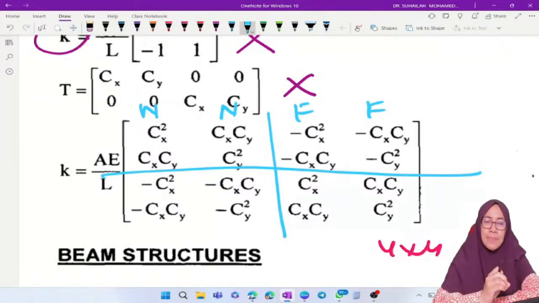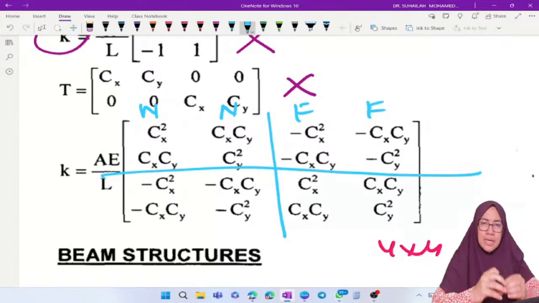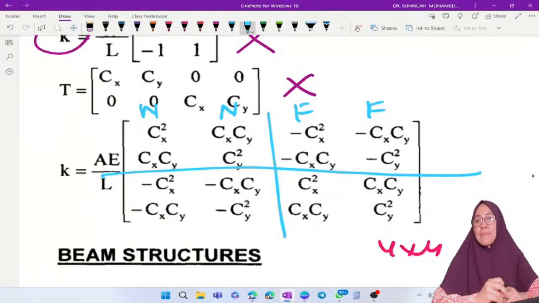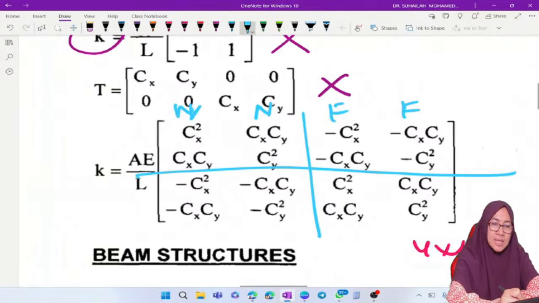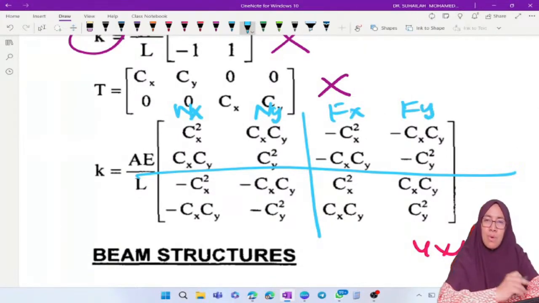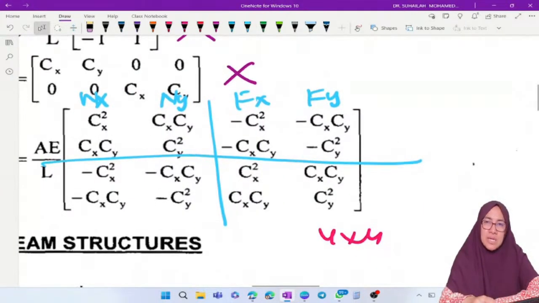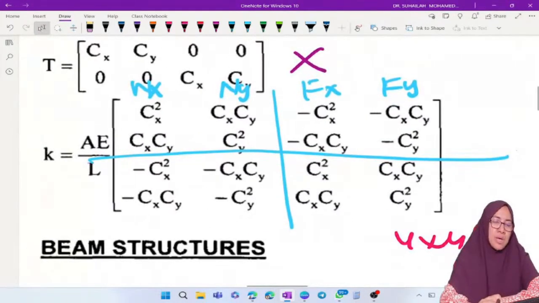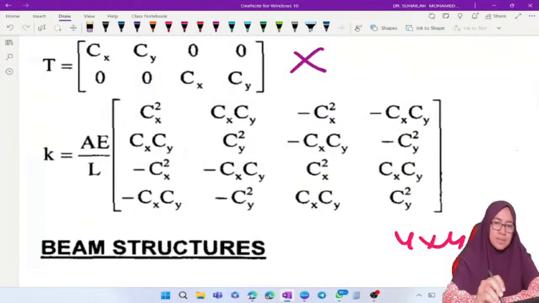So when we label, we label near first, followed by far. Under the near node we have x and y, and under the far end node we have x and y. So the label is near x, near y, far x, far y. Same goes for the vertical side. Okay, what is inside the formula?